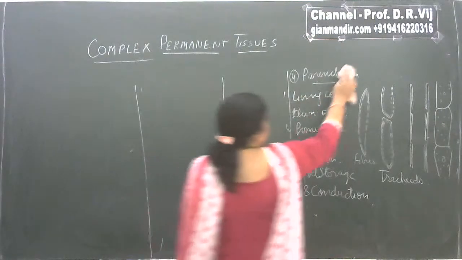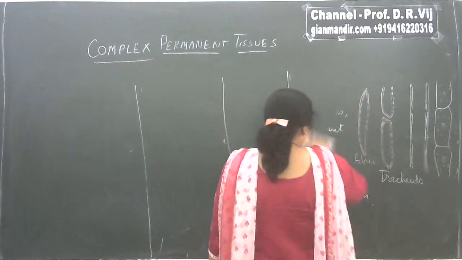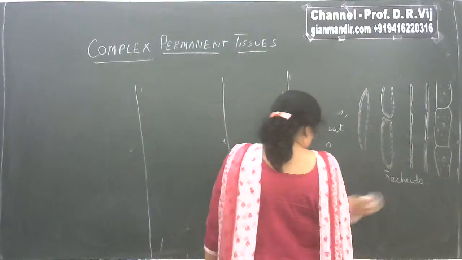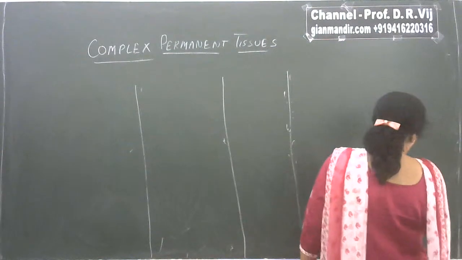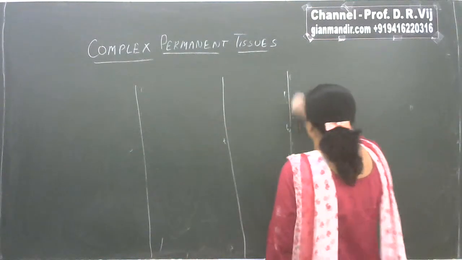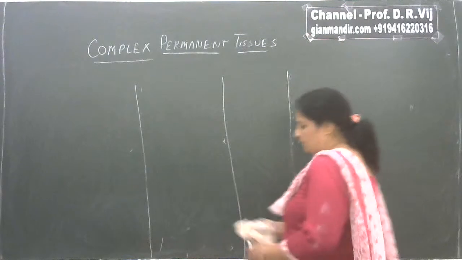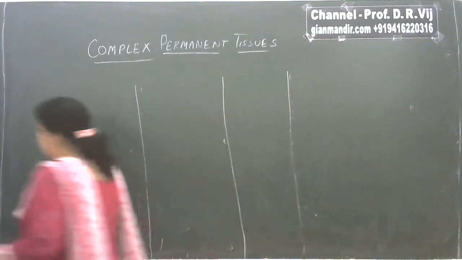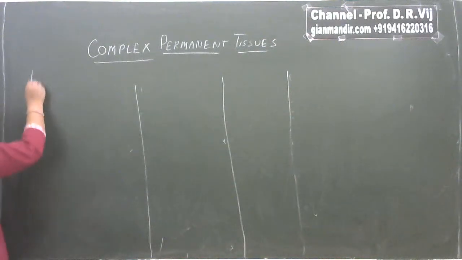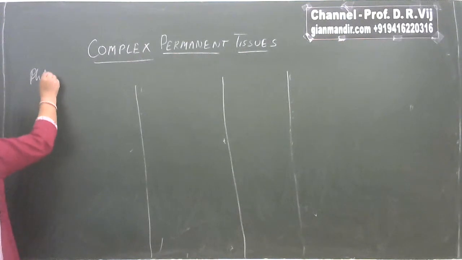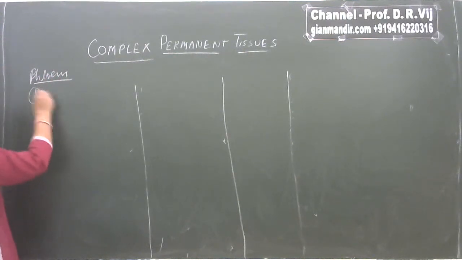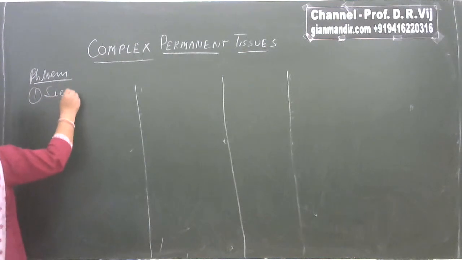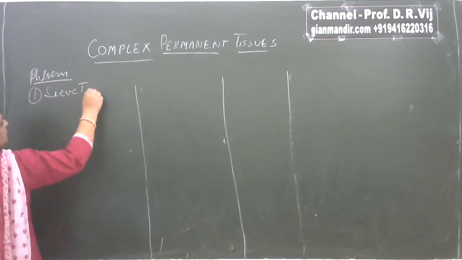So now we compare the various components of phloem. In phloem, the 4 components, the first one is again sieve tubes.